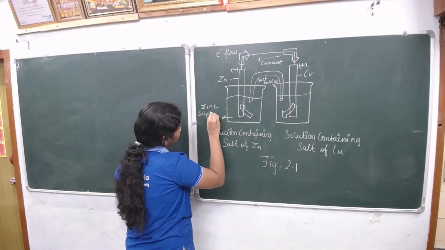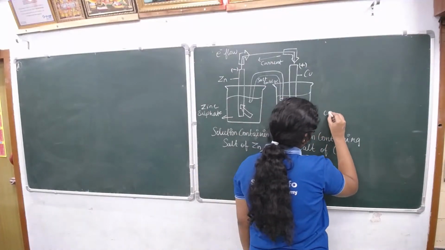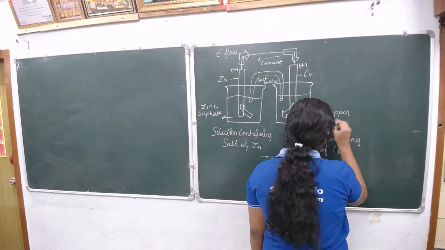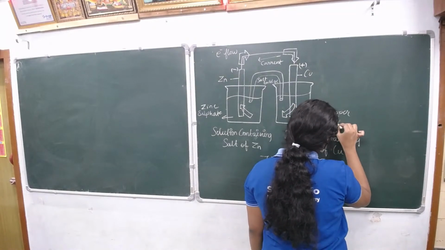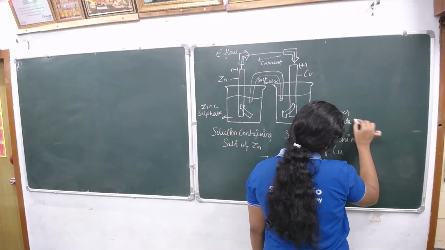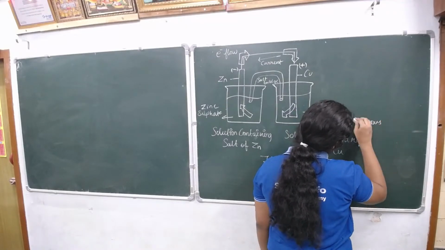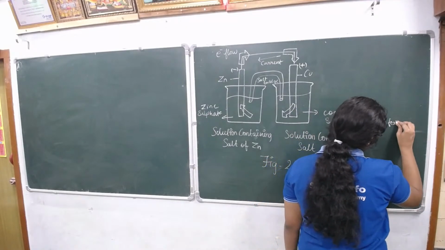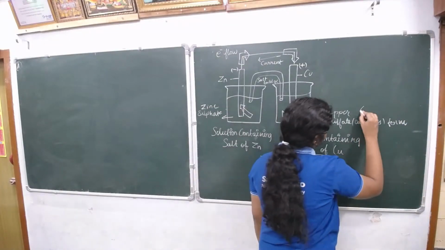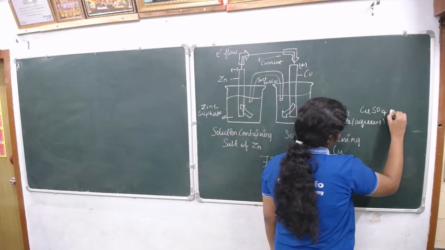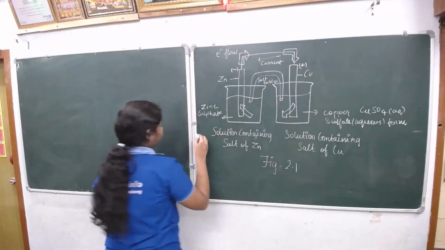Similarly, a copper electrode dipped in copper sulfate solution, in aqueous form. You can write the formula simply as CuSO4 aqueous. Similarly, here ZnSO4 aqueous.